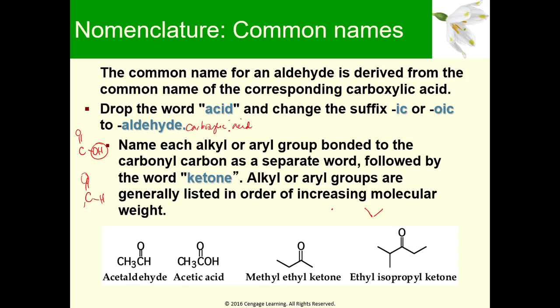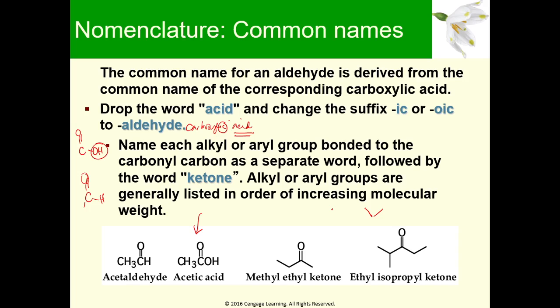Kaya, tinatanggal yung acid, tanggalin natin yung ic o yung oic at papalitan natin siya ng aldehyde. An example is your acetic acid. Meron dyan dalawang carbons with an oxygen. Yung acetic acid natin ay CH3, C double bond O OH.